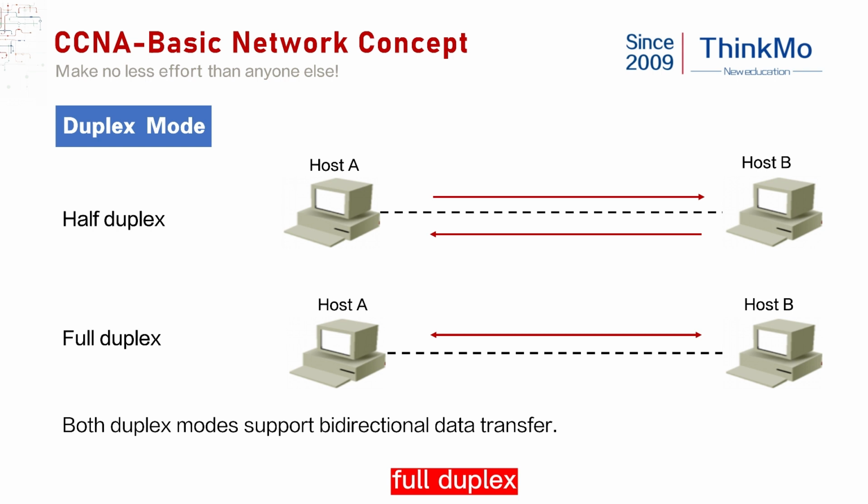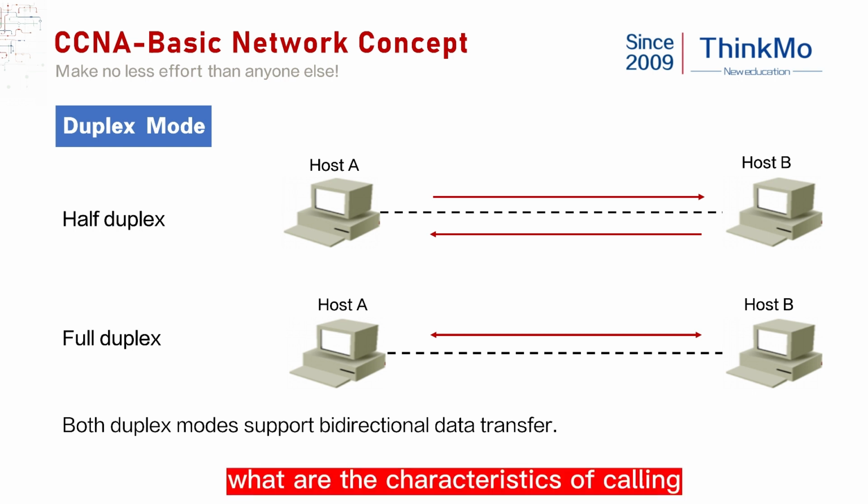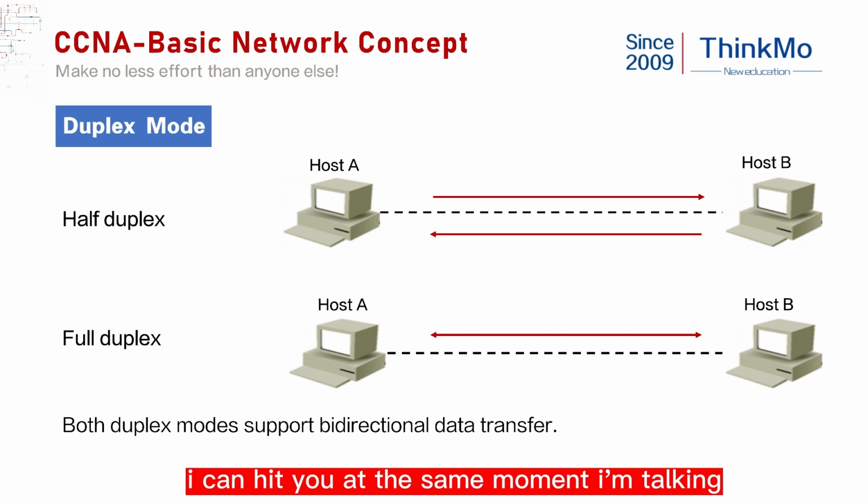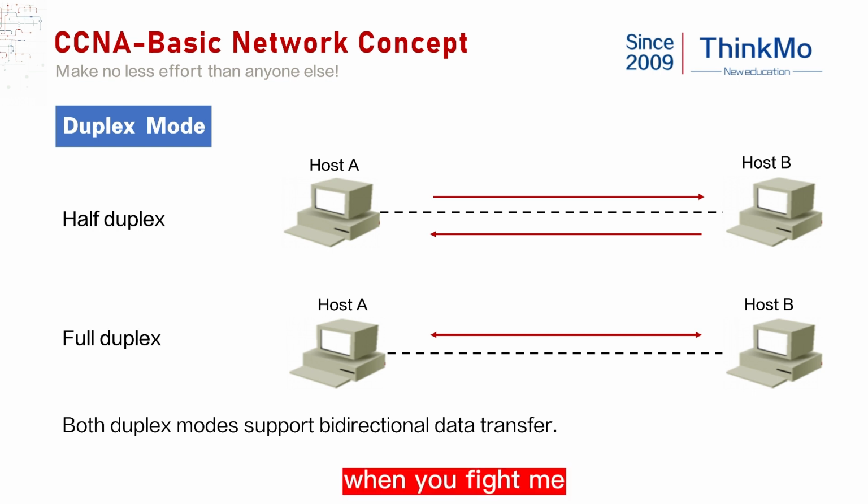Let's look down. Full duplex, as opposed to half duplex. You can see its arrow draws a two-way arrow, which stands for full duplex. It's like a phone call. What are the characteristics of calling? I can hit you at the same moment I'm talking; when you fight me, you can also talk.